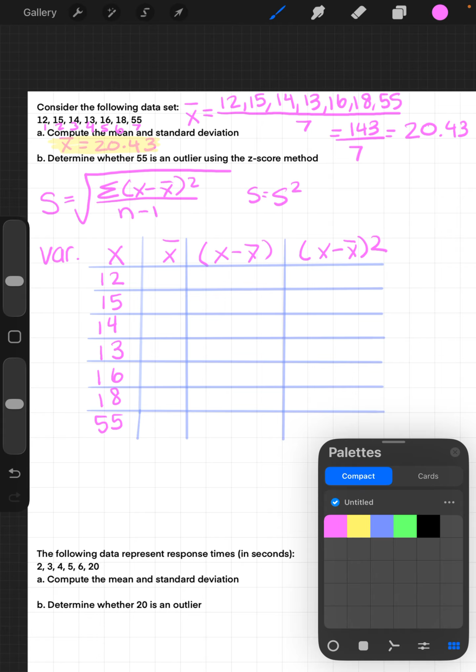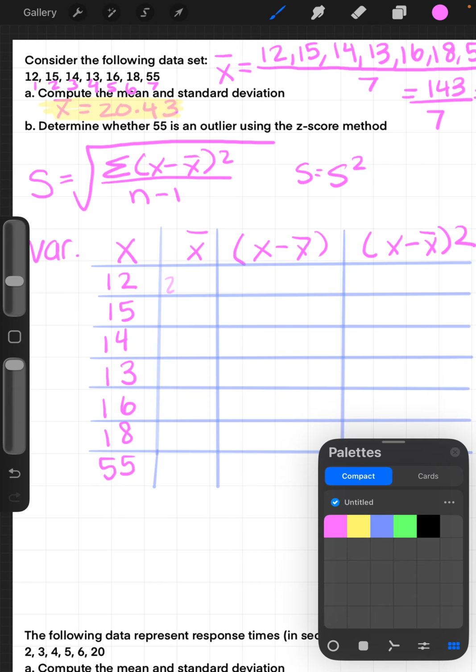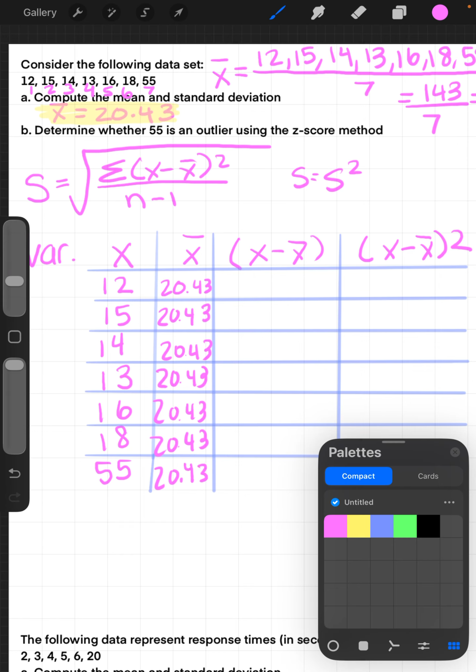We already found our mean, which was 20.43. And now we're gonna subtract them.